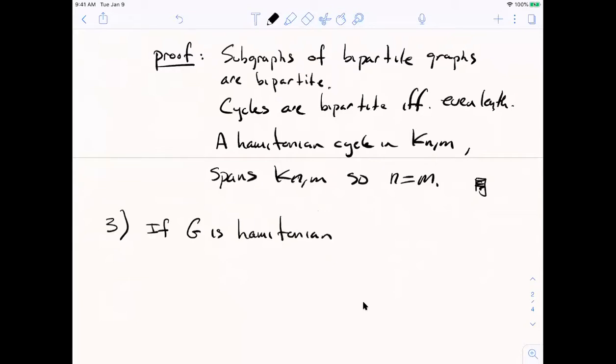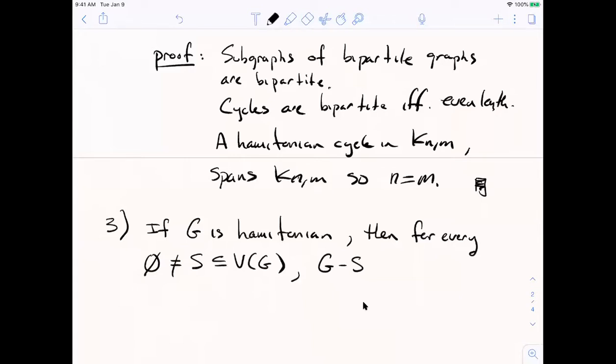If G is Hamiltonian, then for every non-empty subset S of the vertex set, I'm just going to write that mathematically like this: it's true that G removing those vertices has at most the number of vertices in S components.